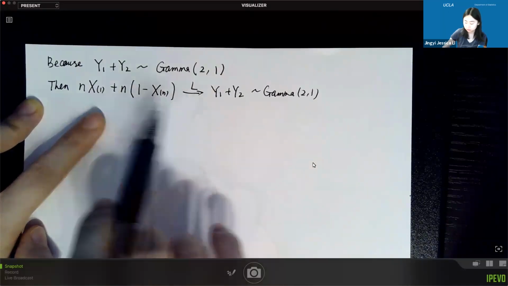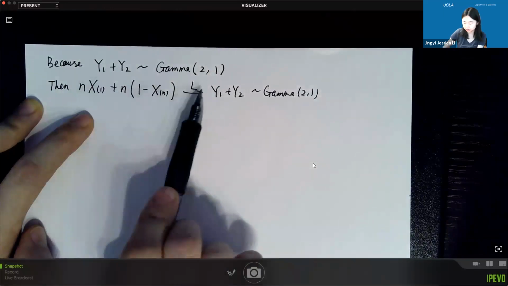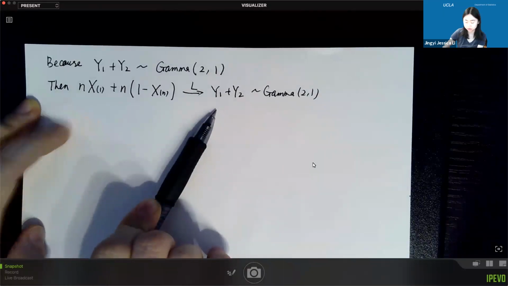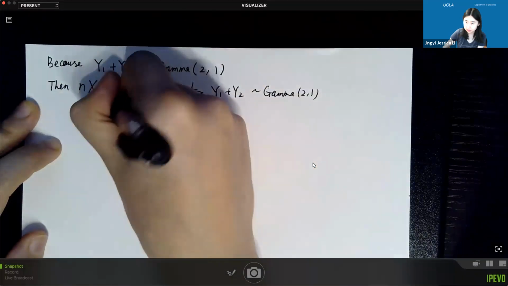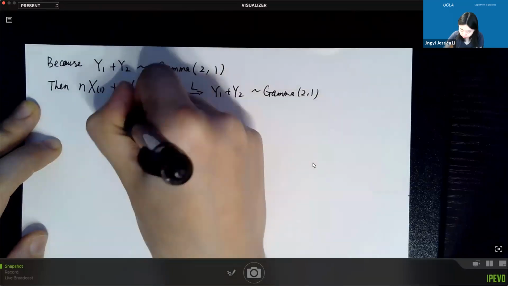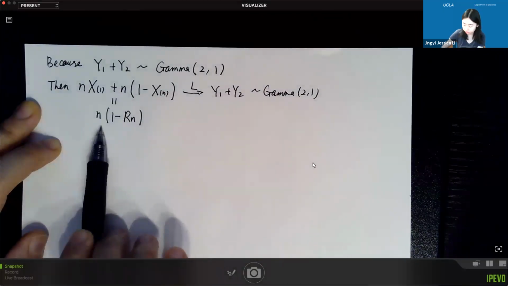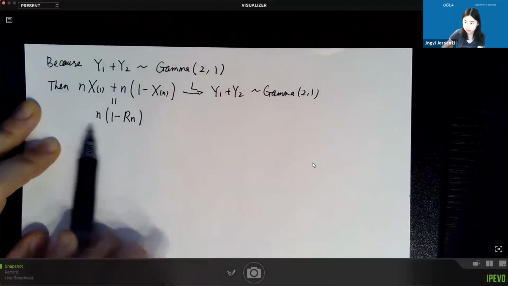That's why we can apply this to the joint distribution and still have the convergence in law. And what's the left-hand side? This is essentially n times 1 minus the range, 1 minus Rn. That's exactly what we're interested in. So finally, we derived the asymptotic distribution for Rn as this.